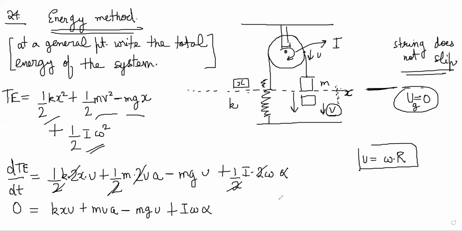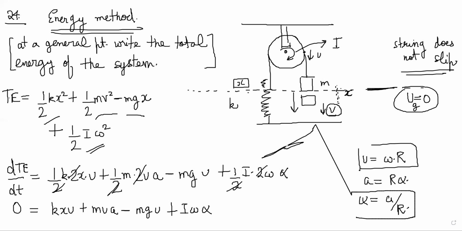Now realize that V is equal to R omega, which implies A is equal to R alpha. So alpha is equal to A by R, where R is the radius of the pulley. Okay, one second. Something is wrong with my thing.